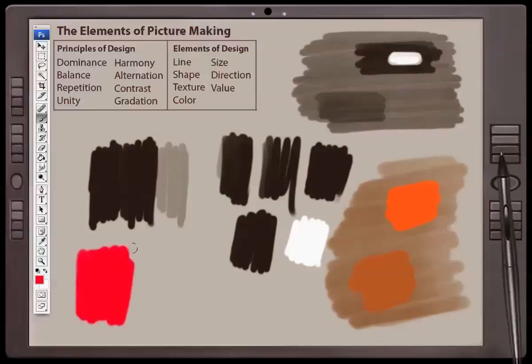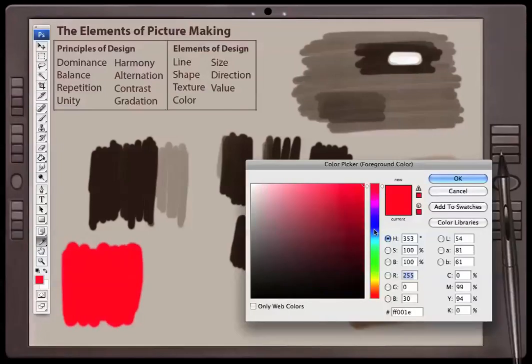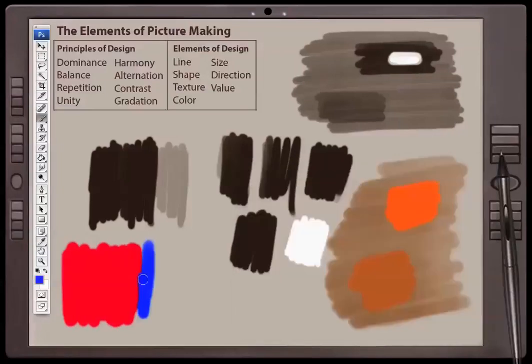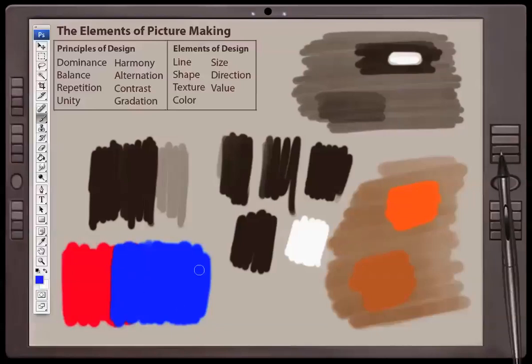Here's a red color, and then I'll add, I think, a blue. There's conflict between these two colors. There's no resolution of the conflict because both of them command equal attention. In order for dominance to be established, one or the other must be increased in size, for example, so that it dominates in terms of size over the other.